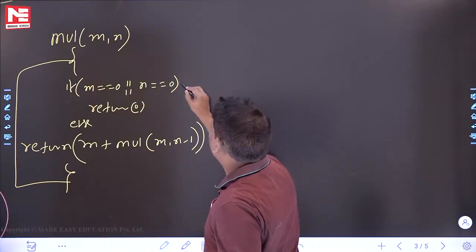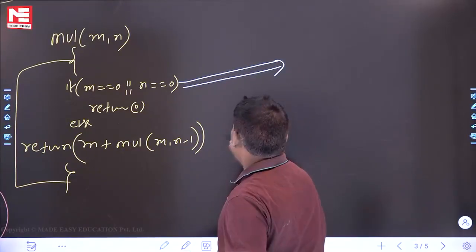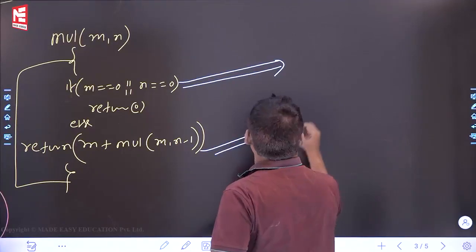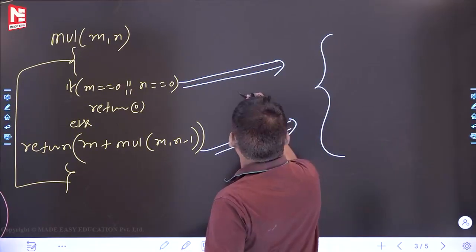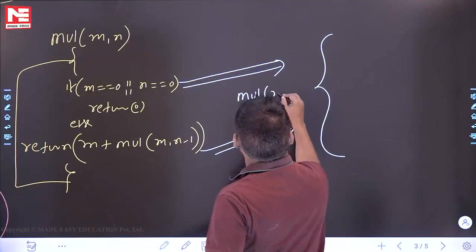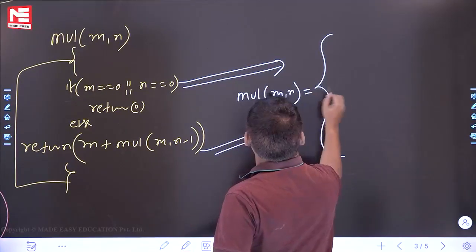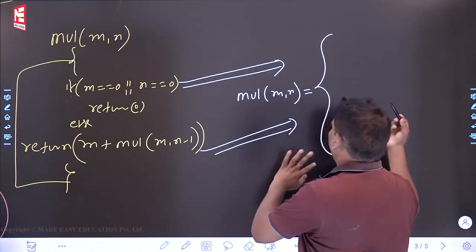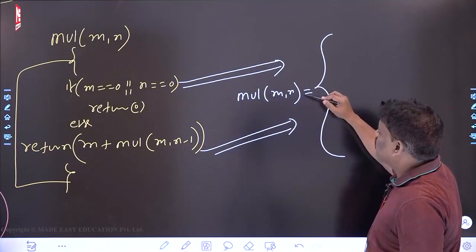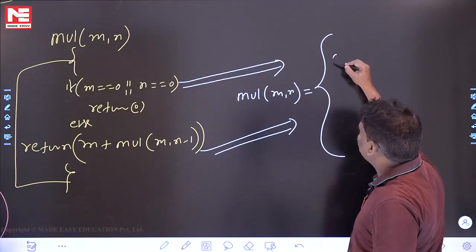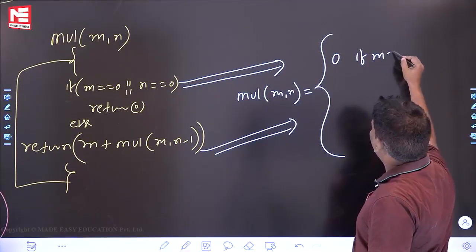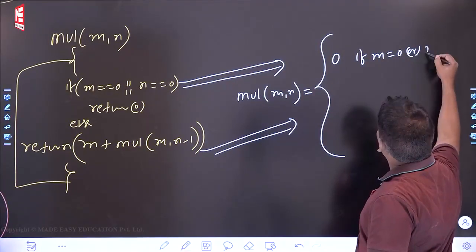Let me write now. First one, first place, second one, second place, right? So I am writing now. See this one, multiplication of m comma n is equal to first one first place, second one second place. What is the answer? Answer is going to be 0 if m 0 or n 0.